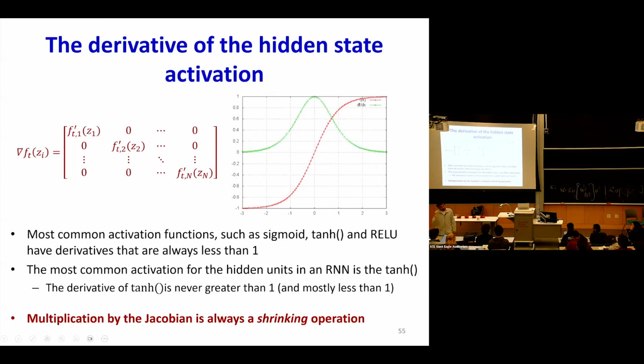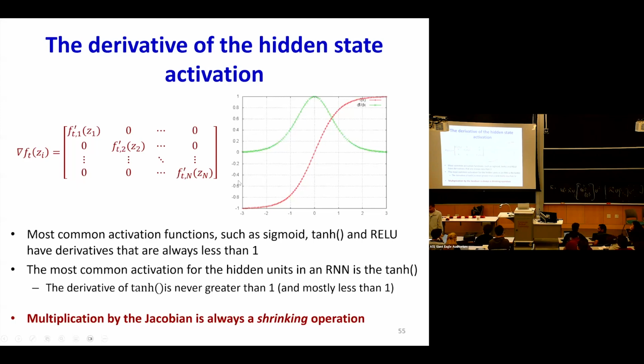So if I multiply any vector with this Jacobian matrix, what happens to its length? Will it increase, will it decrease, or will it stay the same? Decrease. It will generally decrease, right? Anytime you multiply a vector by this Jacobian matrix, the length of the vector is going to decrease.